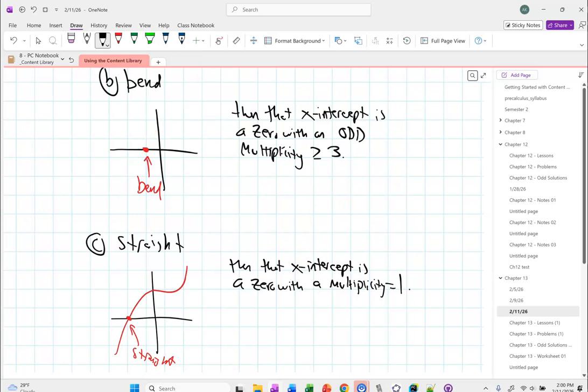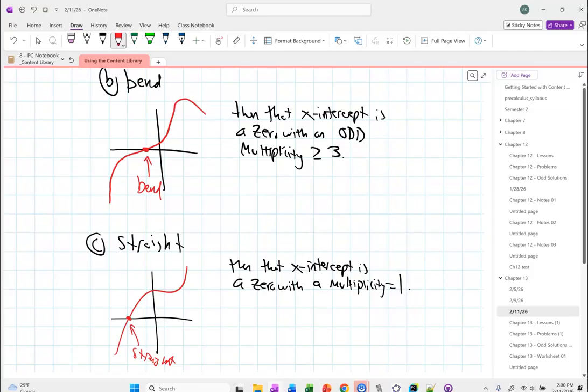I'm going to draw this one maybe a little bit better. So what's the difference between a bend and a straight? This is something students often struggle with. Notice how before it hits the x-axis, it's curving like it's going to be a hilltop.